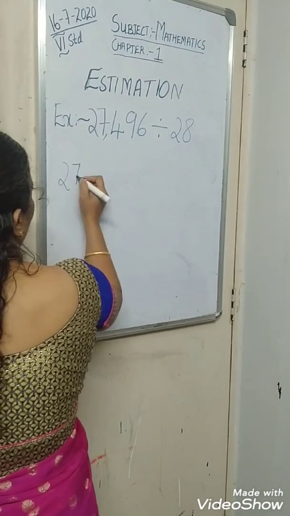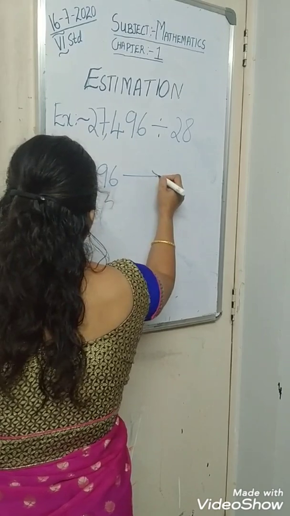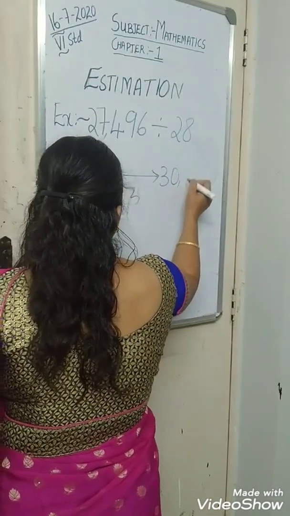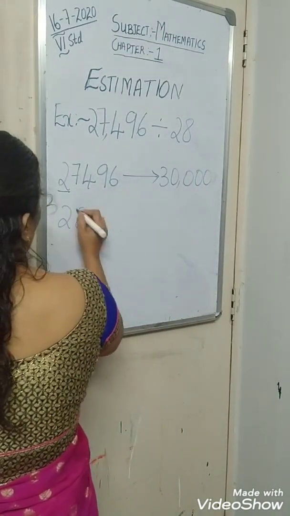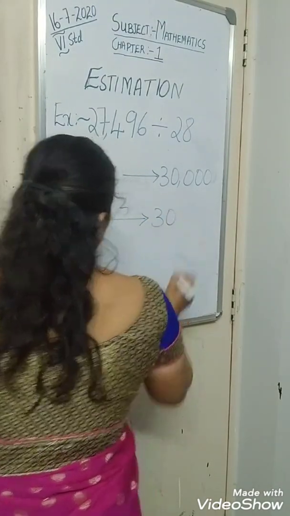Let us estimate now. 27,496 is estimated to 30,000 and 28 is estimated to 30.